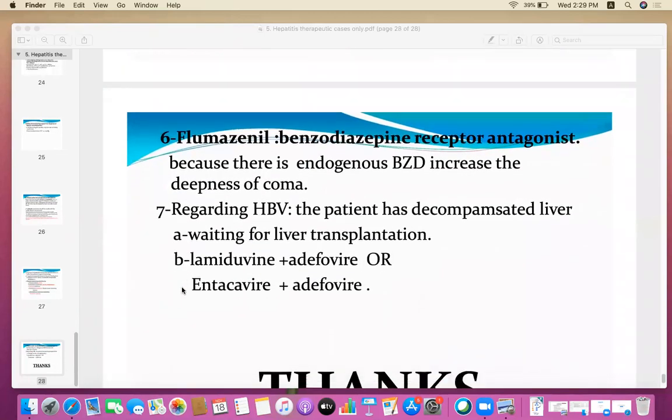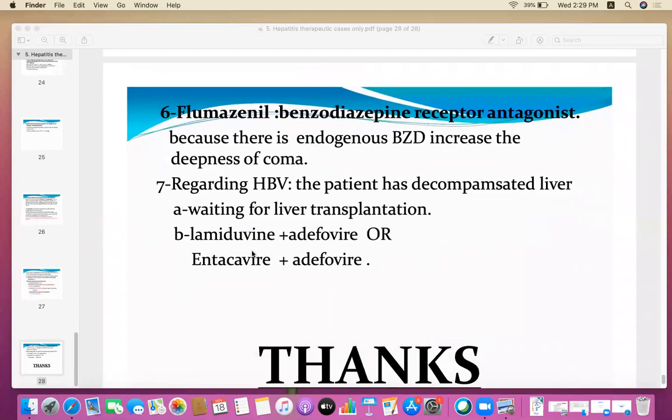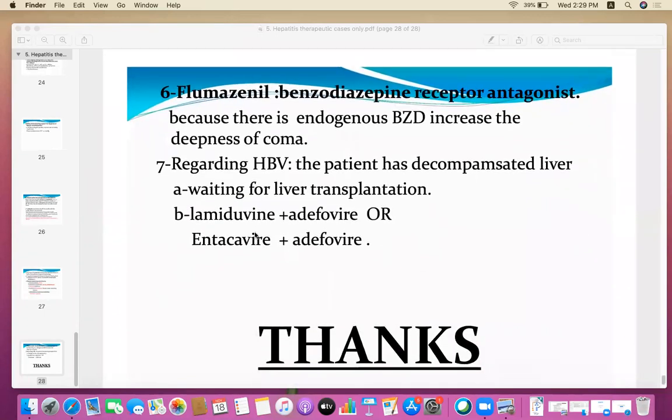There is also flumazenil, a benzodiazepine receptor antagonist, because there is an increase in endogenous benzodiazepine and deepening of the coma. To take care of this coma, we have to give a benzodiazepine receptor antagonist. If the endogenous benzodiazepine increases, it causes coma, and hepatic coma is a severe advanced complication of hepatic encephalopathy.